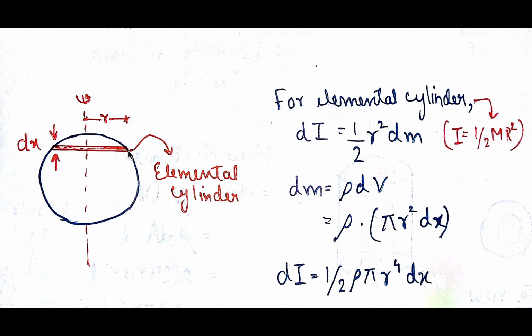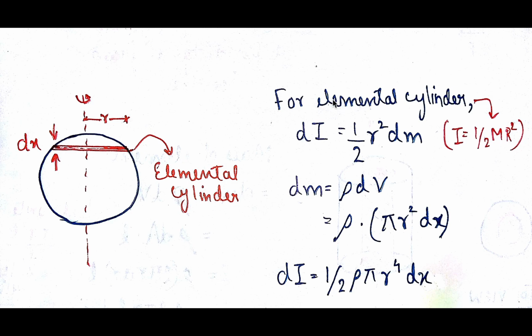So here we will take an elemental cylinder, which will be a solid cylinder. You can assume it as a disc type of thing. The disc, or elemental cylinder, will have a height of dx, and the radius of this solid cylinder will be small r.